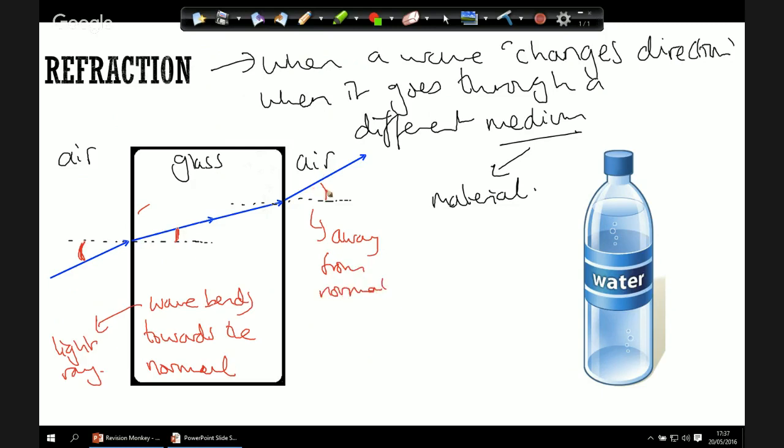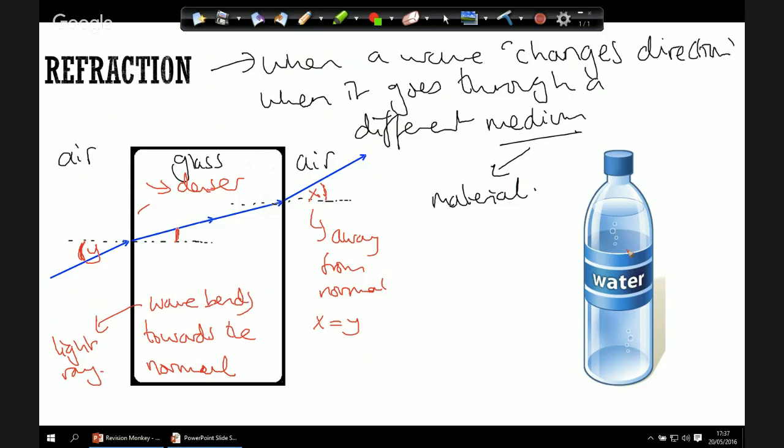Okay, and then this angle here, I'll call this X, is exactly the same as Y. So as it goes from air into glass, it will slow down, and that will cause it to change direction. And then as it goes out of the glass into the air again, it will speed up, because this glass here is denser than the air, so it slows it down, and then it speeds up again as it goes out into the air again.